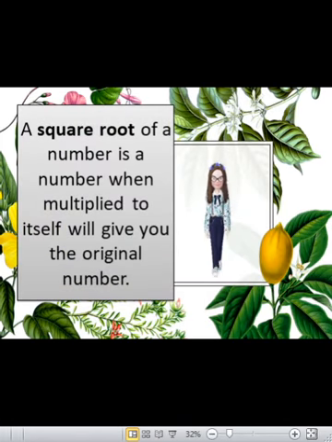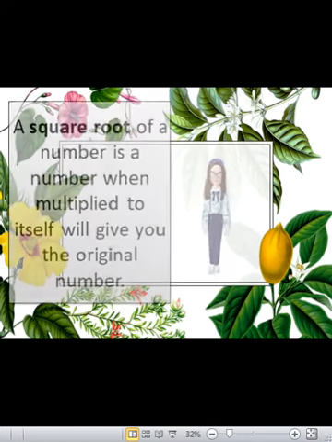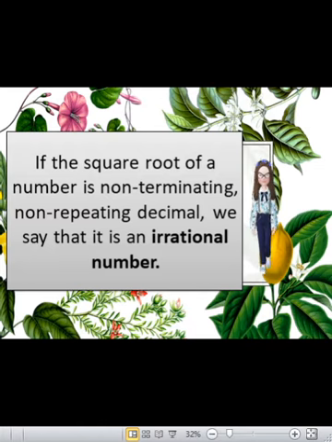Again, when I say square root of a number, it is when you multiplied it to itself that will give you the original number. If the square root of a number is a non-terminating, non-repeating decimal, again take note, it should be decimal, we say that it is an irrational number, because if it is a whole number, therefore it is rational.